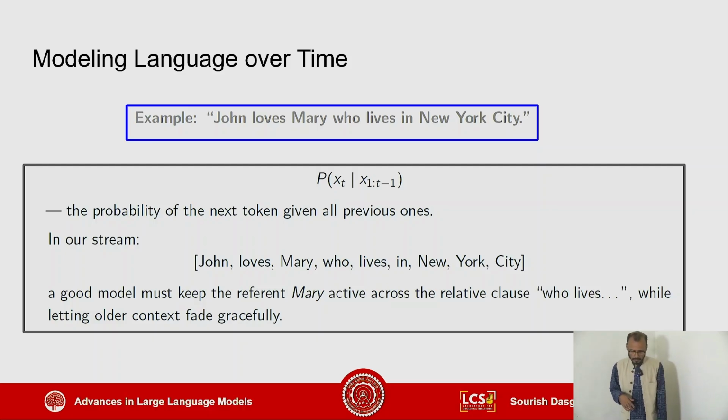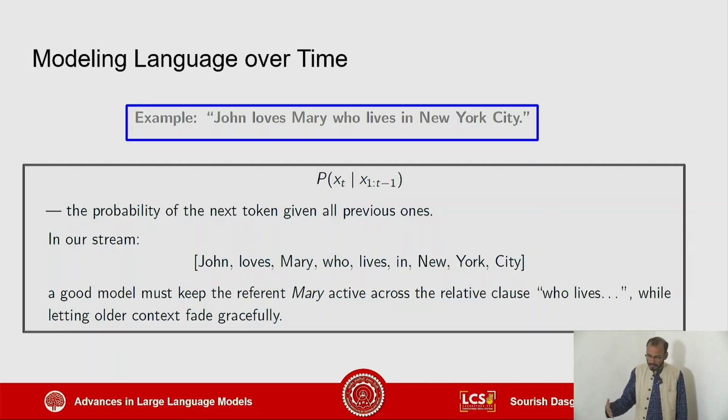So because it's a bridge, let me just give you a very quick recap of what all went on over time in terms of modeling language, like chronological advancements, right?